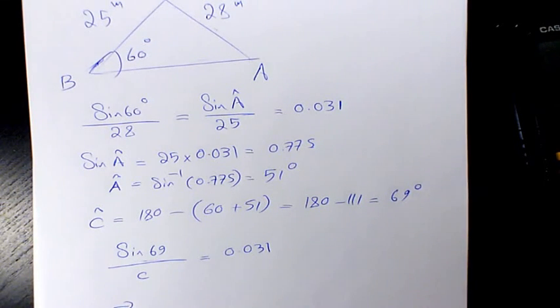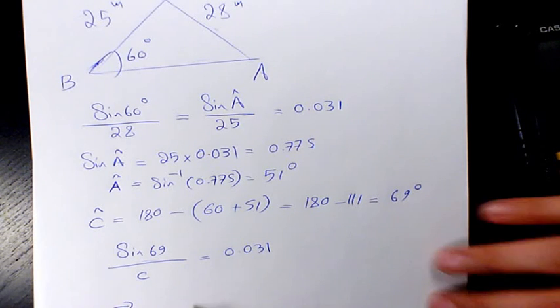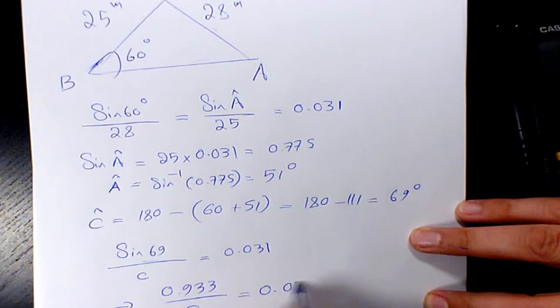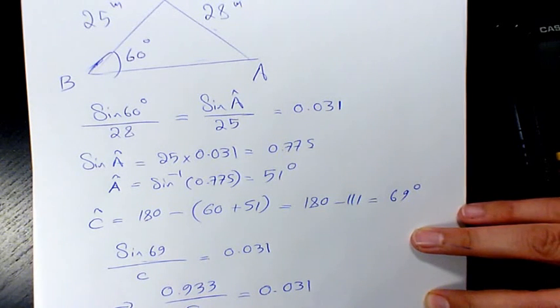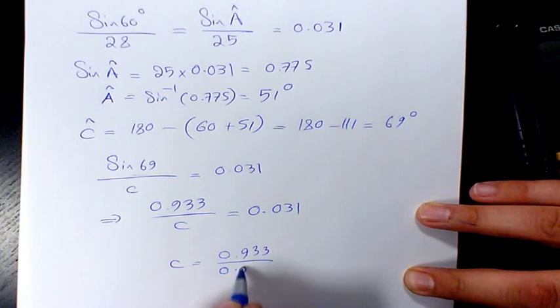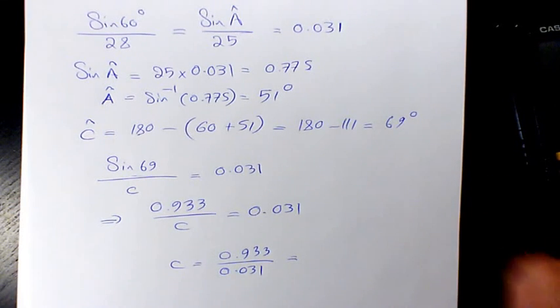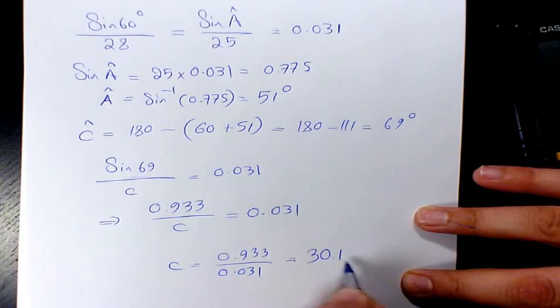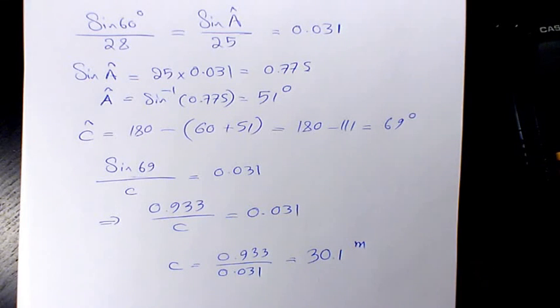So sine 69 is 0.933 divided by c equals to 0.031. So c is going to be 0.933 divided by 0.031. That's going to be almost 30.1 meters.